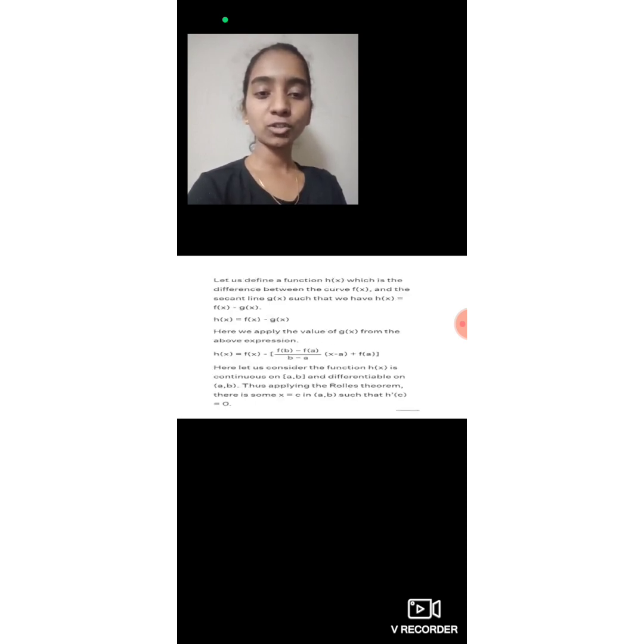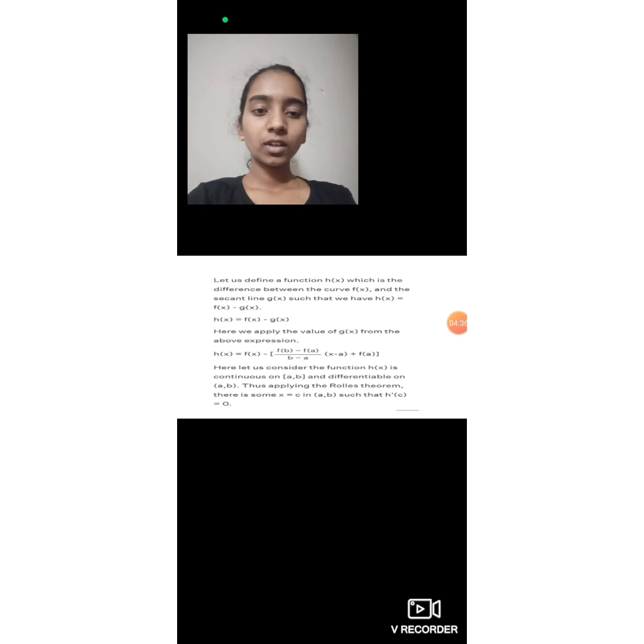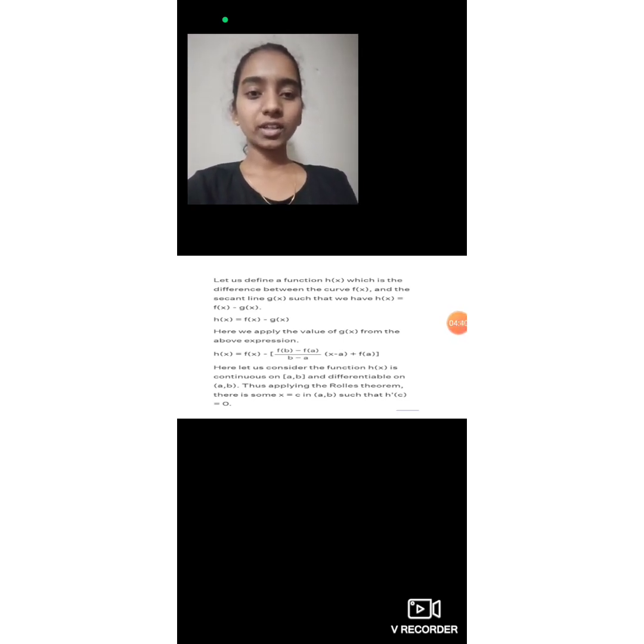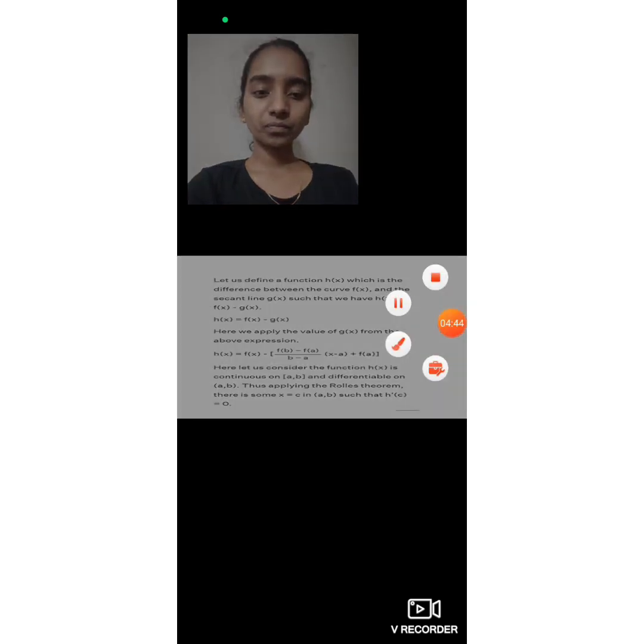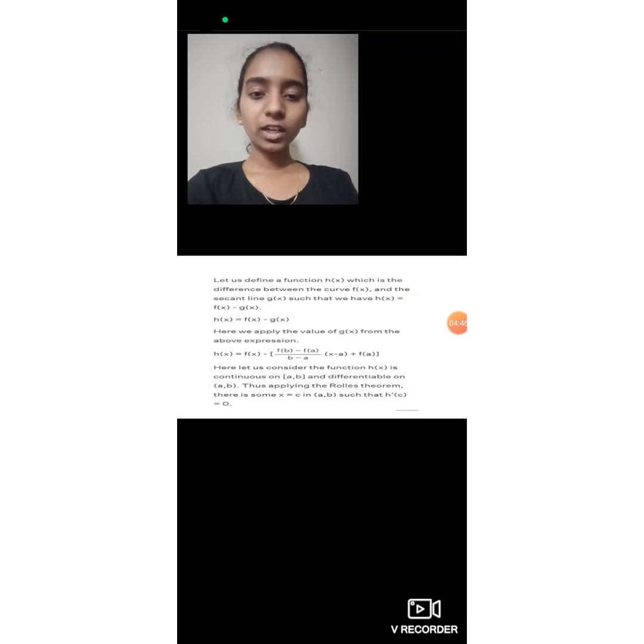Let us define a function h(x) as the difference between the curve f(x) and the secant line g(x), such that h(x) = f(x) - g(x). Here we apply the value of g(x) from the above equation.